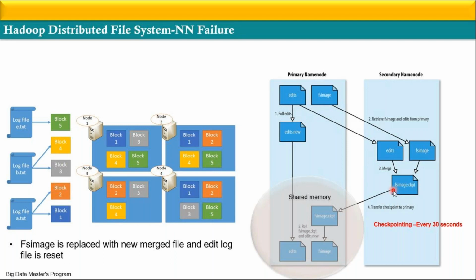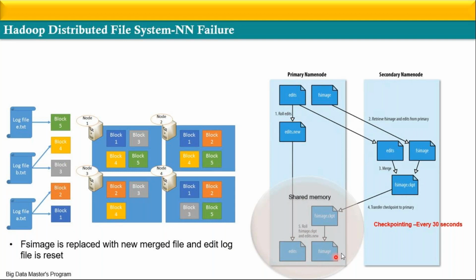This fs image checkpointing is given to a shared location which is accessible to both the primary name node and the secondary name node. It is going to place this fs image ckpt and replace the previous fs image file with fs image ckpt. So the file will be updated, and the edit log file will be directly copied inside the shared memory.